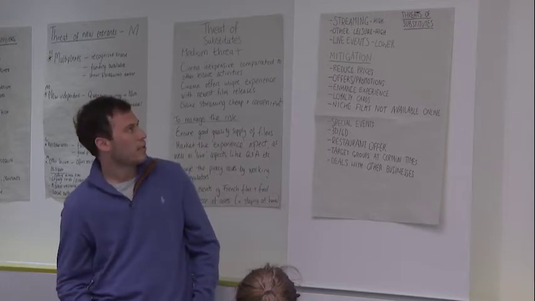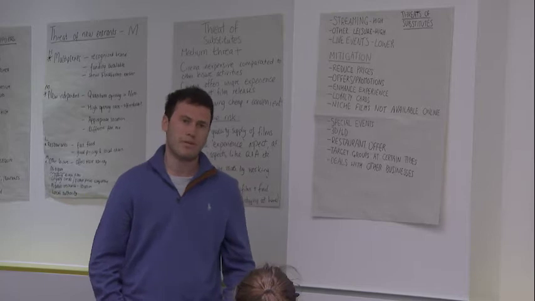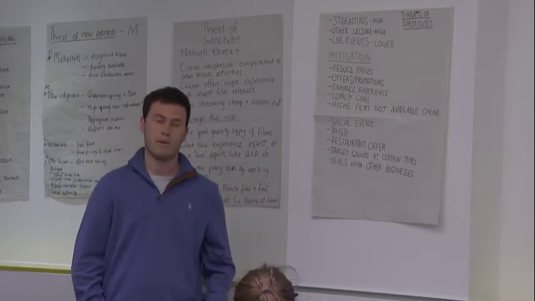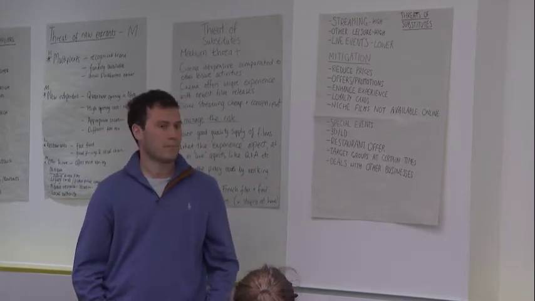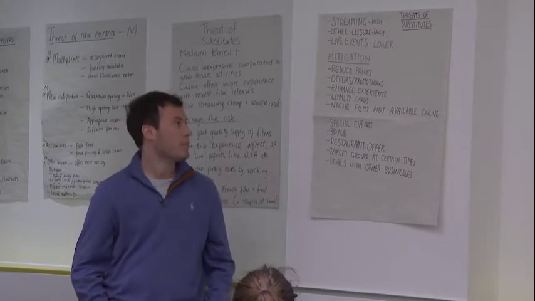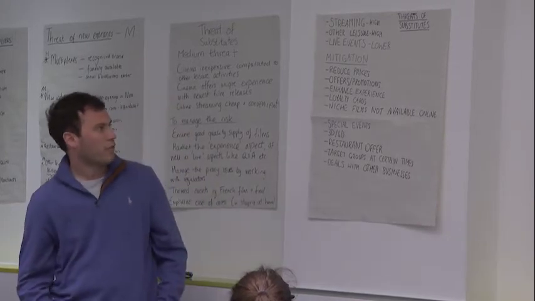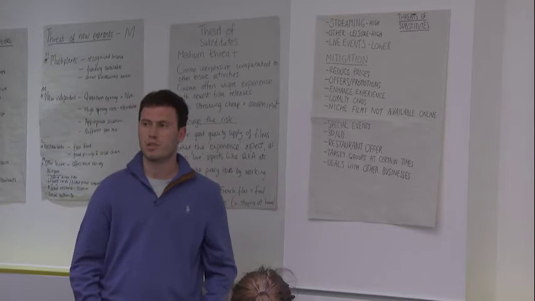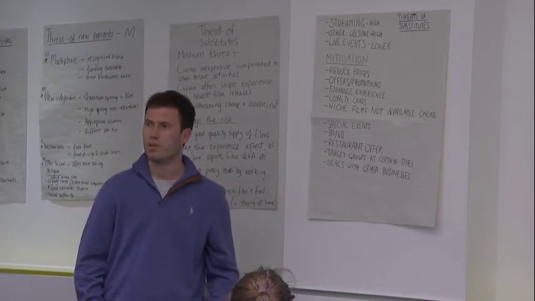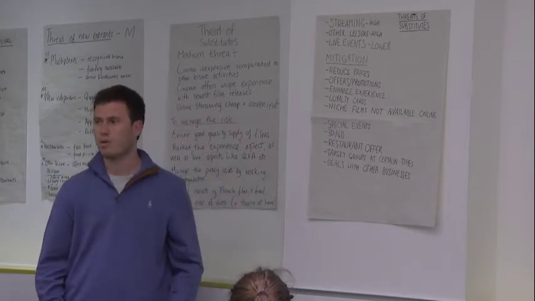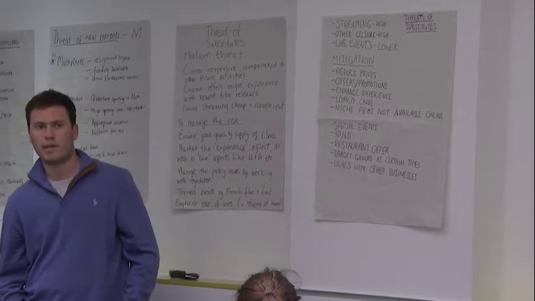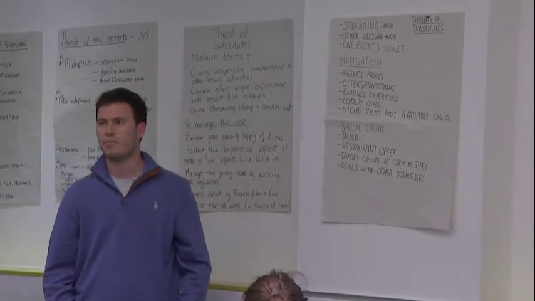So to mitigate these risks, I think one of the main things is reducing the prices, as that seems to be something that puts off people going to the cinema a fair bit. Doing offers and promotions, so things like Two for Tuesday on Orange, to get people to go on the days that weren't as popular, so not at the weekend but midweek.